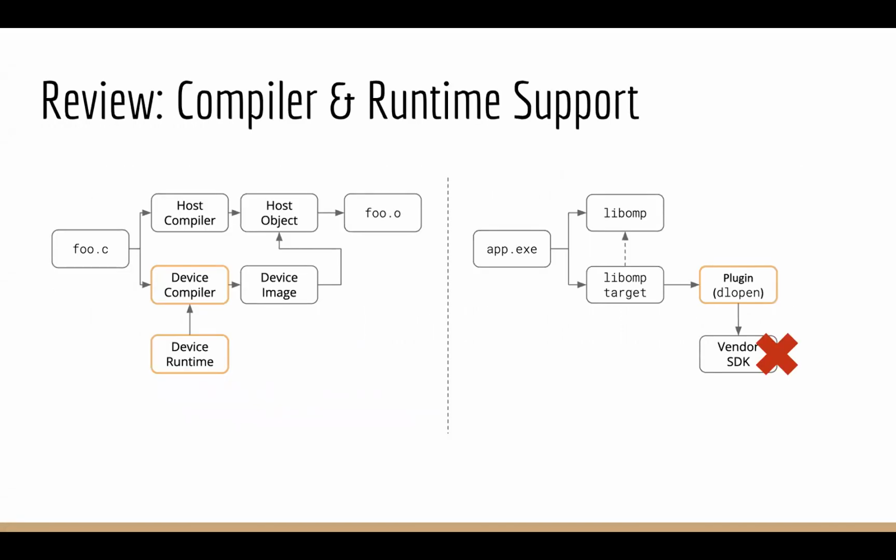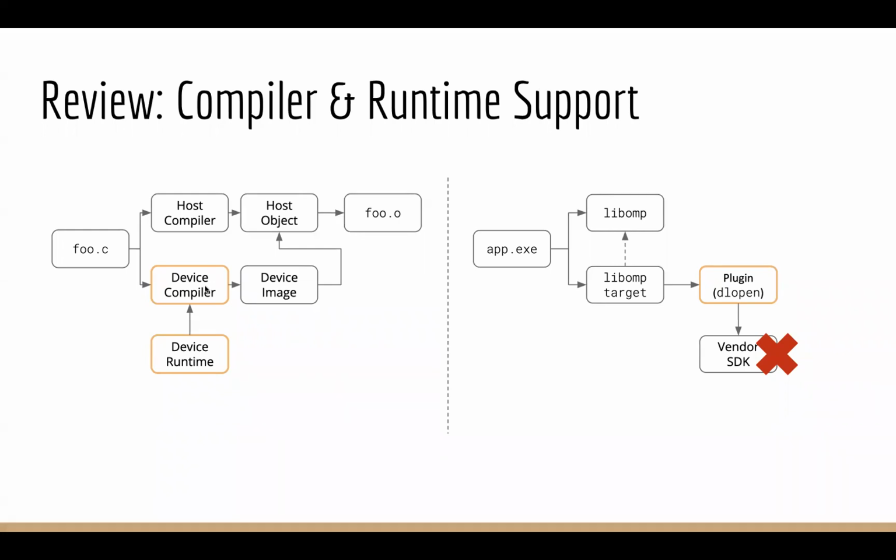Before we talk about our implementation details, let's take a brief look at the compiler and runtime support for LLVM OpenMP. Say we have a source file, and the compilation has two passes. The first pass is the host compilation. It generates all the host code, and also recognizes target regions and prepares for the second compilation pass, the device compilation pass. The device compiler generates the code that can run on the target, the GPU.